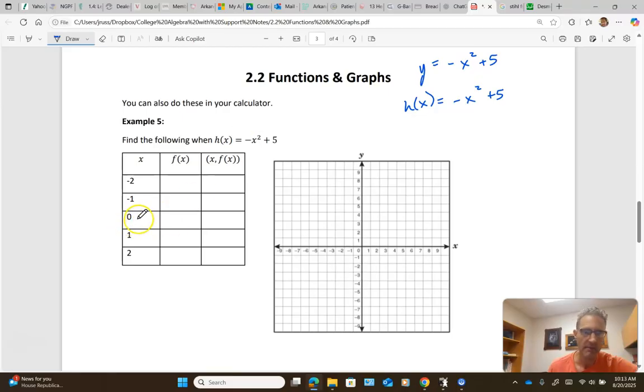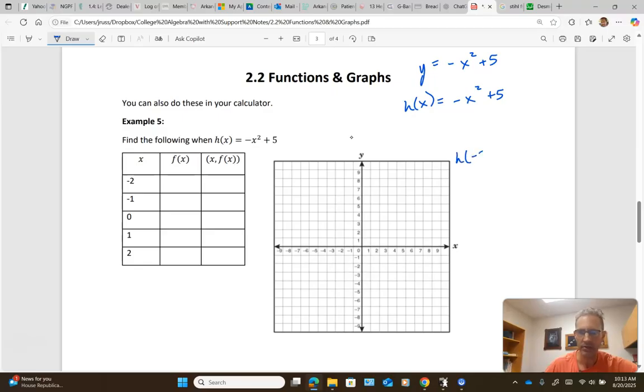Okay, so I can tell just by looking at this function, and we'll talk more about that later, but the value of x being 0 is where this function is going to be centered. And so I just chose a couple values to the left and a couple values to the right on the x-axis. Okay. I do want to do a couple of these by hand.